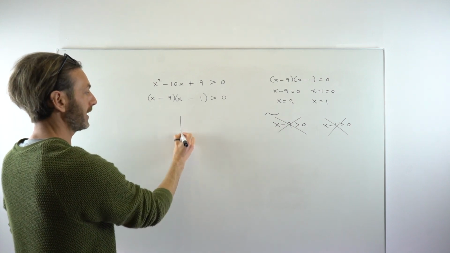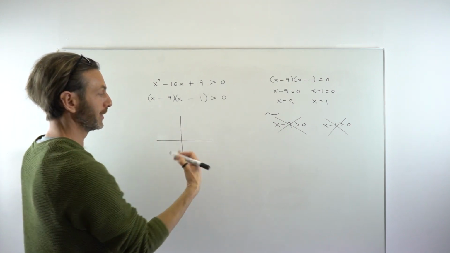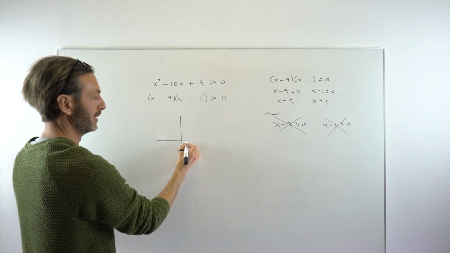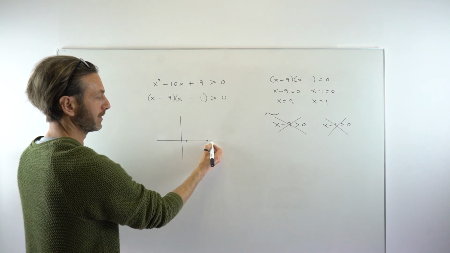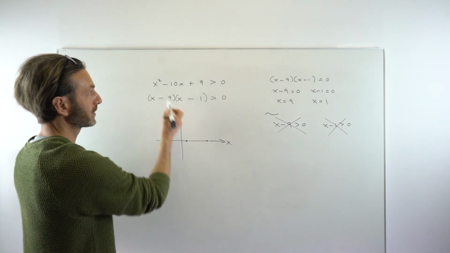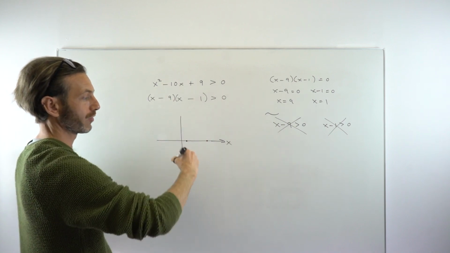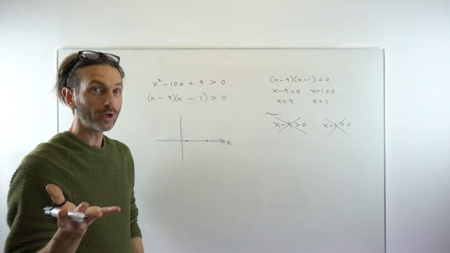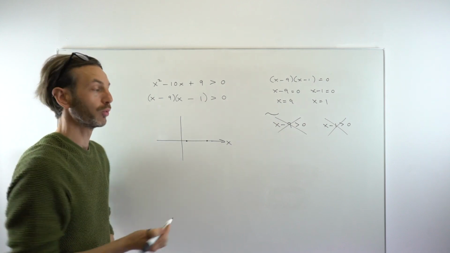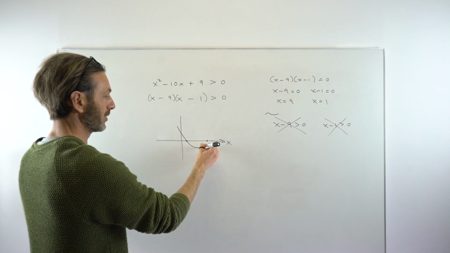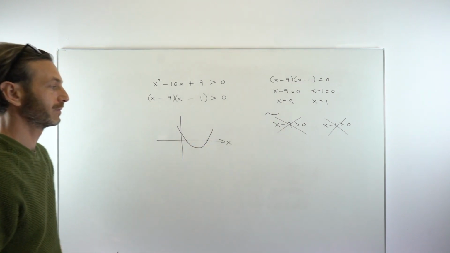We just take a little sketch, it doesn't have to be too fancy, and roughly mark on where 1 and 9 are on the x-axis. This is a positive x squared, so it's going to make a u shape rather than an upside down u. It's really important to get the shape correct. So our parabola goes through the two root points, something like that.